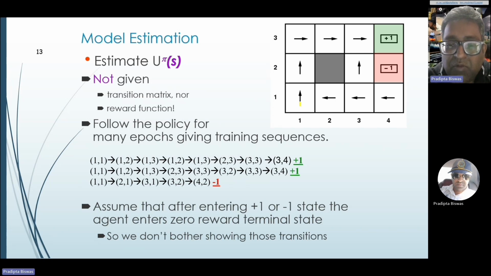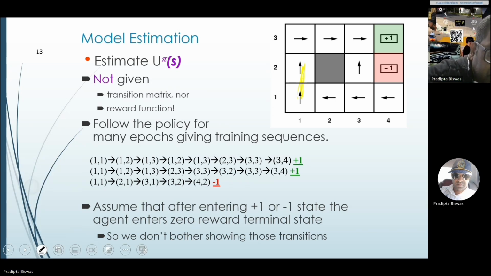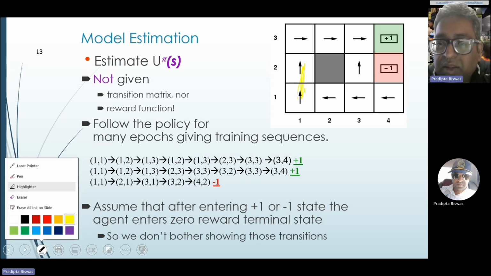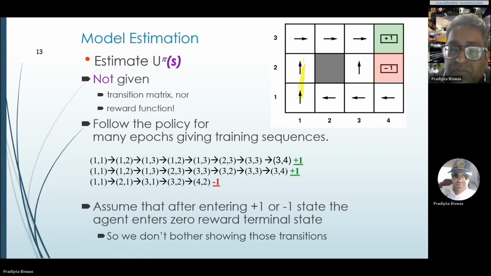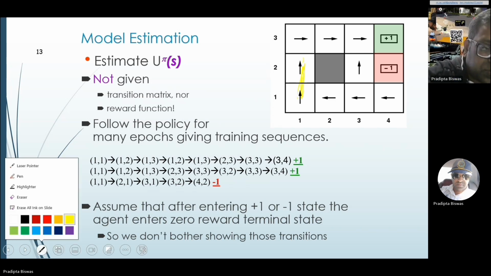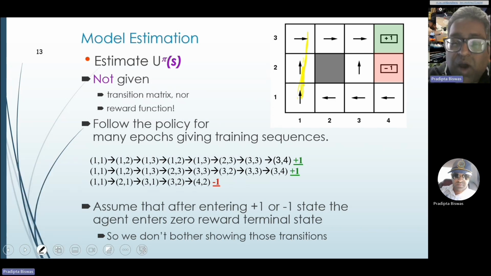So in the first case, from 1,1 it is reaching 1,2, and then it is going to 1,3. Then it is coming back to 1,2. This is the uncertainty. Again, going back to 1,3. So basically, it's doing a loop here. Then it is going to 2,3, 3,3 and reaching the goal state here.